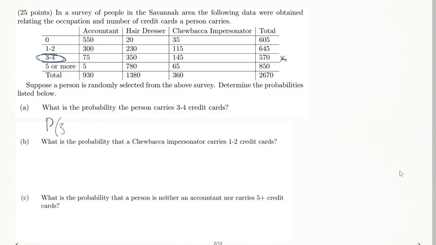So the probability of 3 to 4 credit cards equals 570 divided by 2,670. If we make a decimal approximation, I had this written down from before, I believe it's 0.213 approximately. So hopefully that makes sense. Notice we just went to the row.